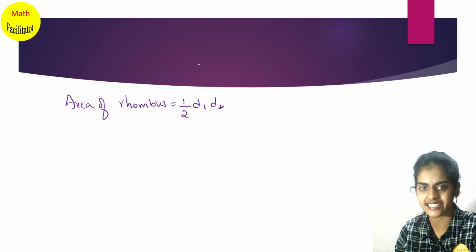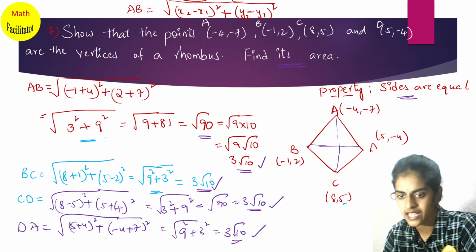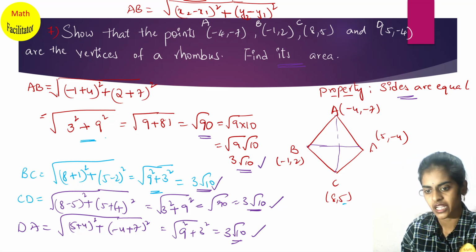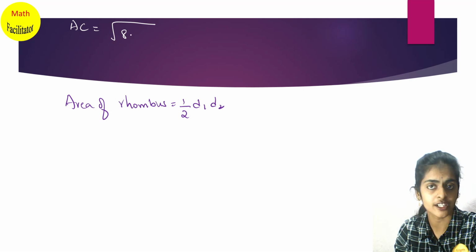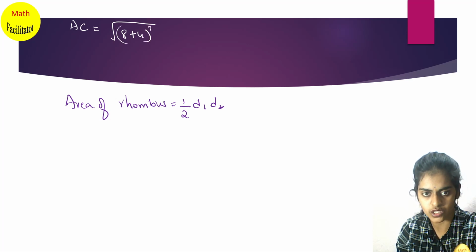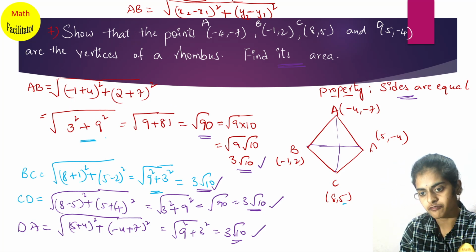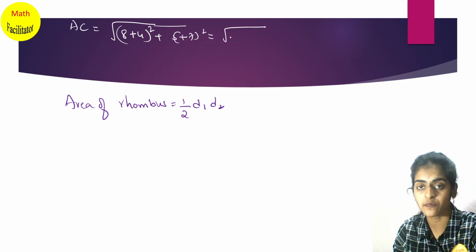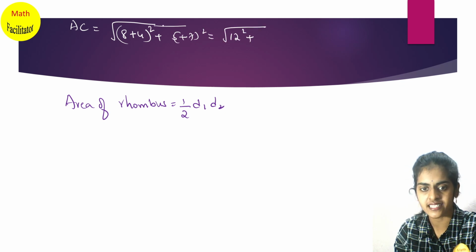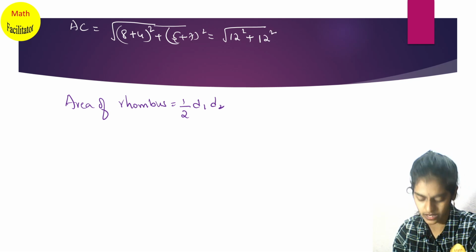Here one diagonal is AC. So AC is nothing but root over, A point is minus 4 and C is 8. So I can write this as 8 minus of minus 4, 8 plus 4 whole square, plus the y coordinates, 5 minus of minus 7 whole square. So 5 plus 7 whole square. So this is root over 8 plus 4 is 12 square plus 5 plus 7 gives you again 12 square.